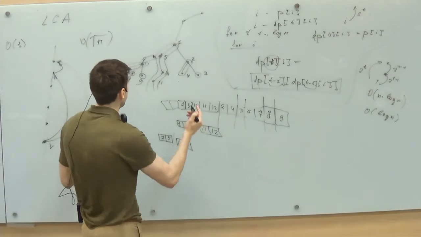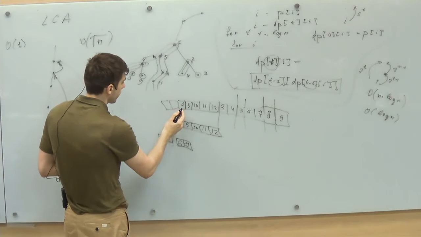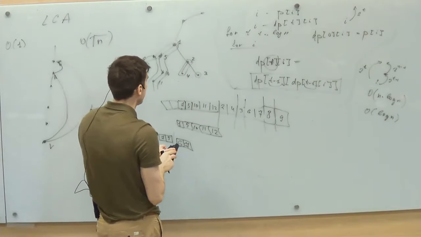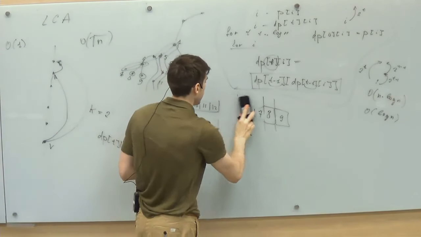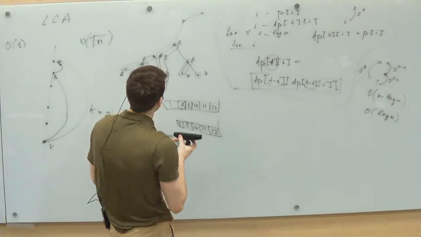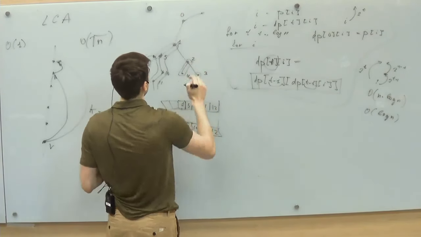So for this, we'll have like 2 more vertices. It doesn't matter which these vertices are. And for example, for the path 2, 4, okay, this will be vertex 0.